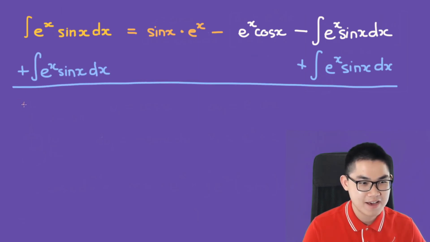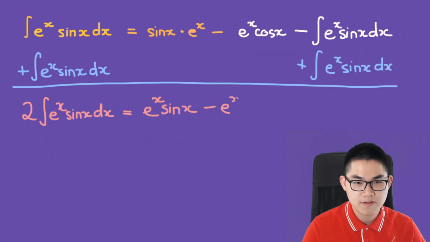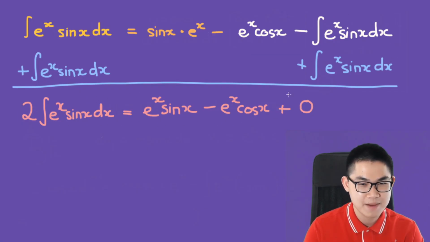So here we will have 2 times the integral of e to the power of x sine of x dx is equal to, this here is e to the power of x sine of x minus e to the power of x cosine of x. And then this will be 0, so plus 0. Here we will divide both sides by 2.